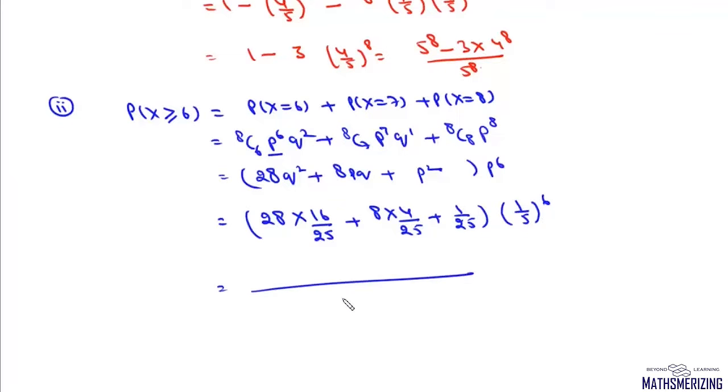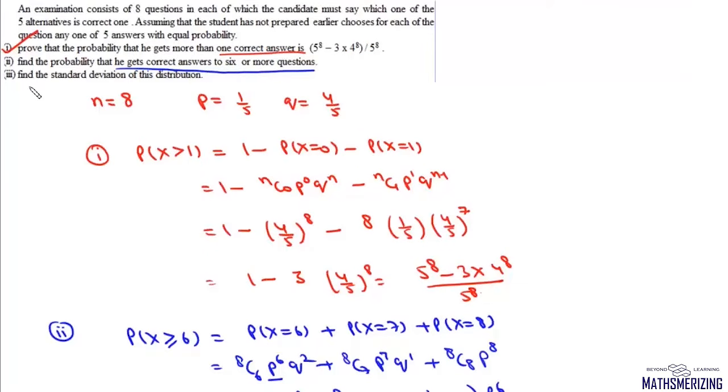Now in the denominator we'll have 5 to the power 8, and here it will be 28 into 16 plus 32 plus 1, which is 481 upon 5 to the power 8, and that is the answer to this second part.